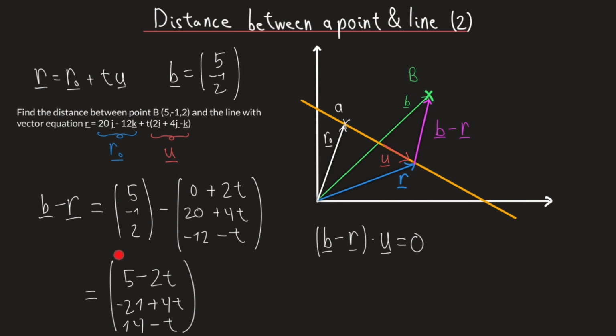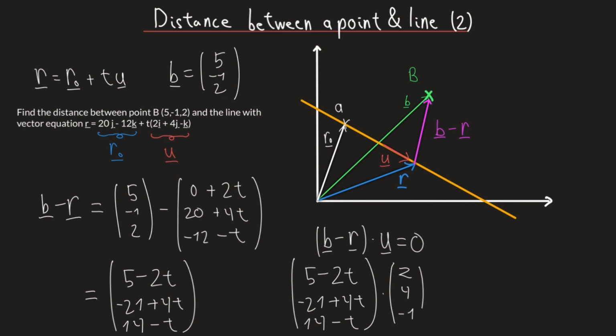We already know the coordinates of b minus r, and we equally know the coordinates of our direction vector u. Indeed, the coordinates of u are 2, 4, and -1, and the way we got this expression is from here. We have 2, 4, -1, and these are the coordinates of our direction vector u. And so, of course, this has to be equal to 0.